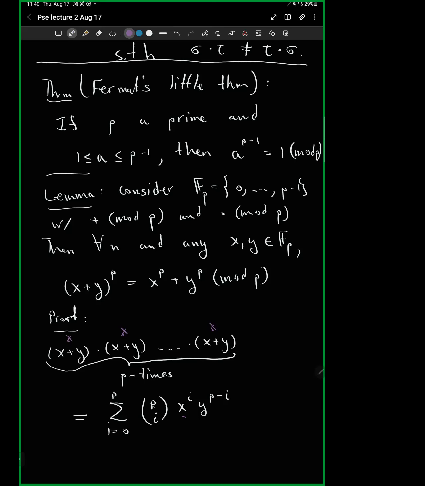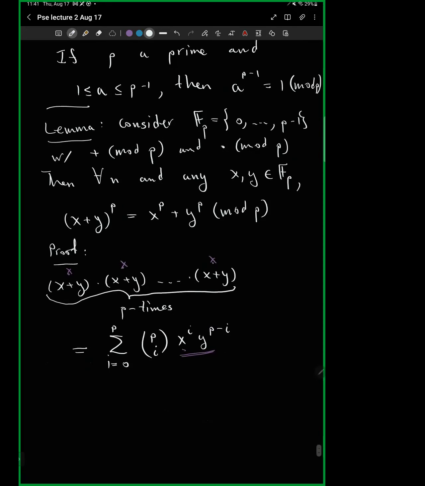It's p choose 3. And for each such option, the expression I would get is x to the i times the remainder. I have to have y to the p minus i. So this is a sketch of the proof of the binomial formula, but I think many people get it in school.